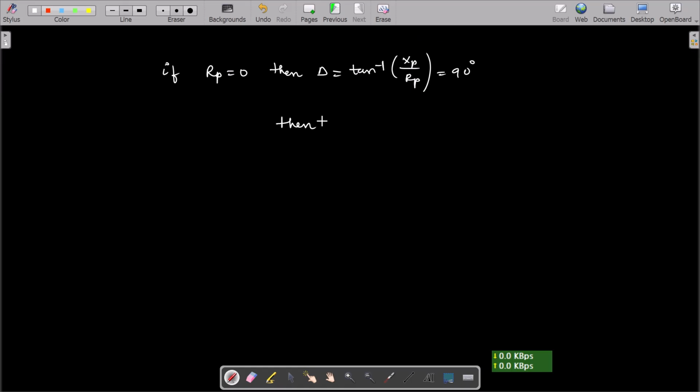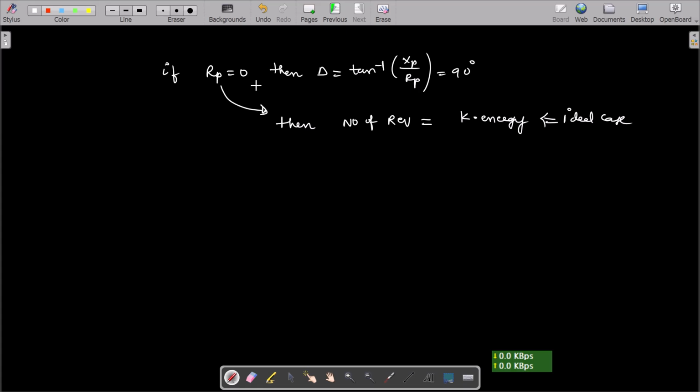Then the number of revolutions will be equal to K times the energy consumed by the load. This is an ideal case, only if RP is 0.